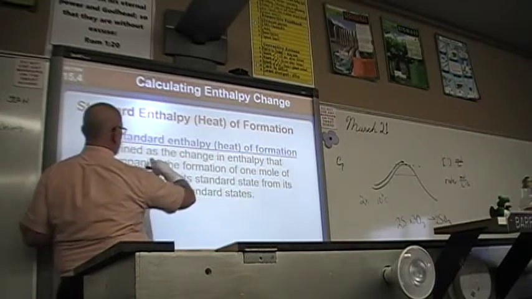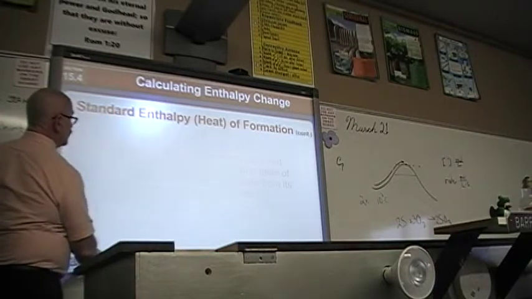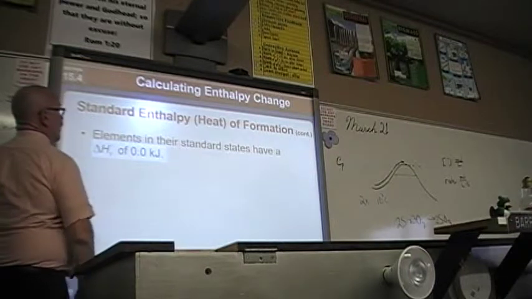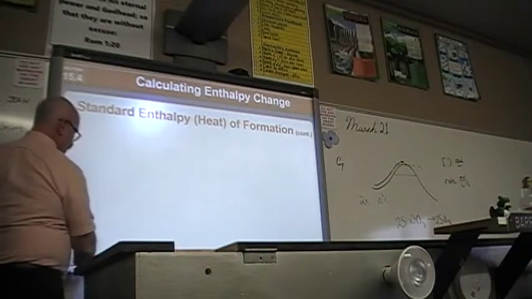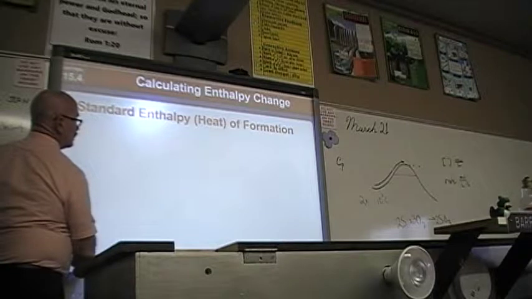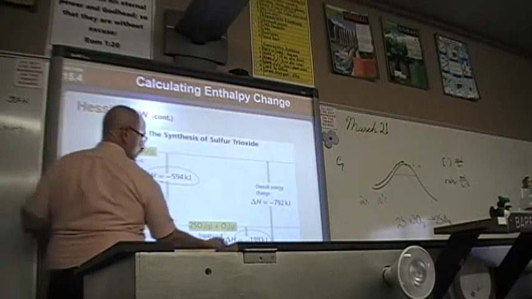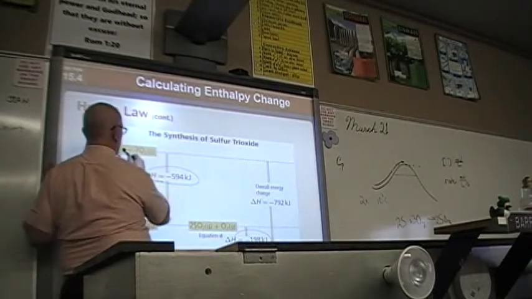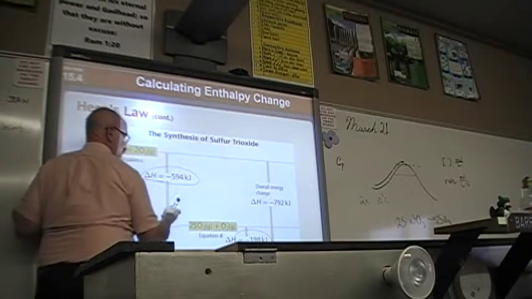Standard enthalpy of formation. Quick word about this. Number 1, enthalpies of formation. So where do I get these numbers from? Okay, let's go back here. If I want to make sulfur trioxide, it comes from sulfur and oxygen, right?